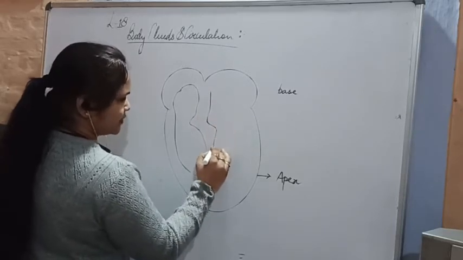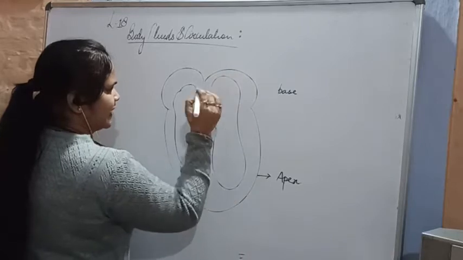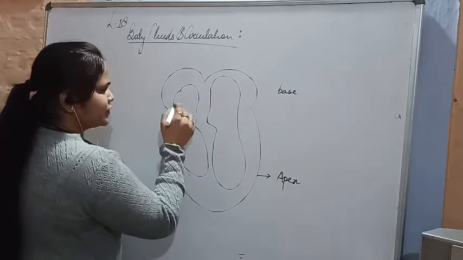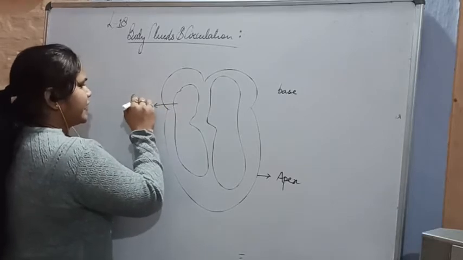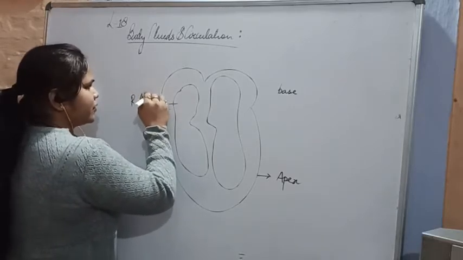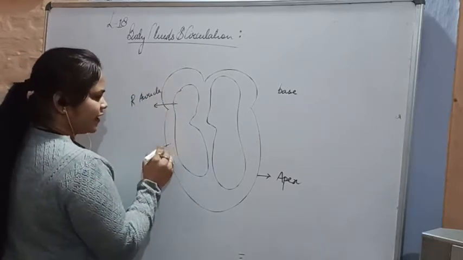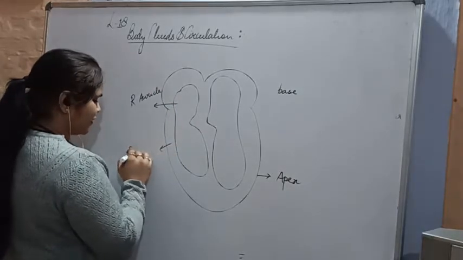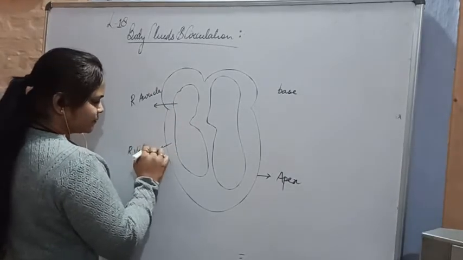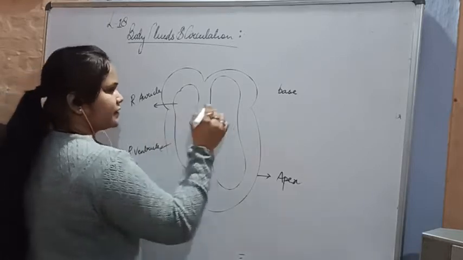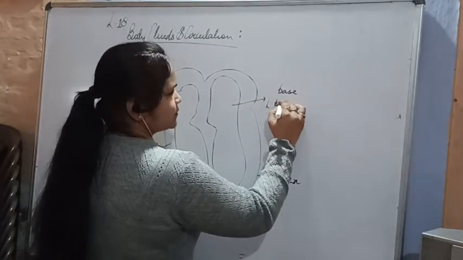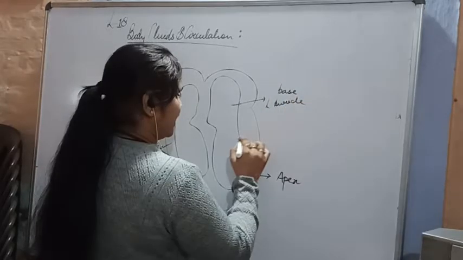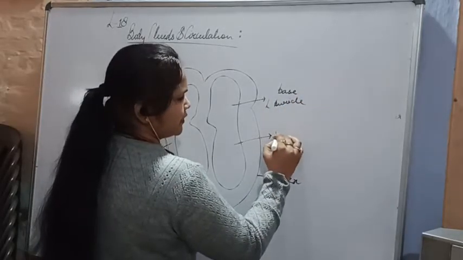So this is only the diagram of that. Here inside it, this is your right auricle, and this is your right ventricle. Then this is the left auricle and this is the left ventricle.